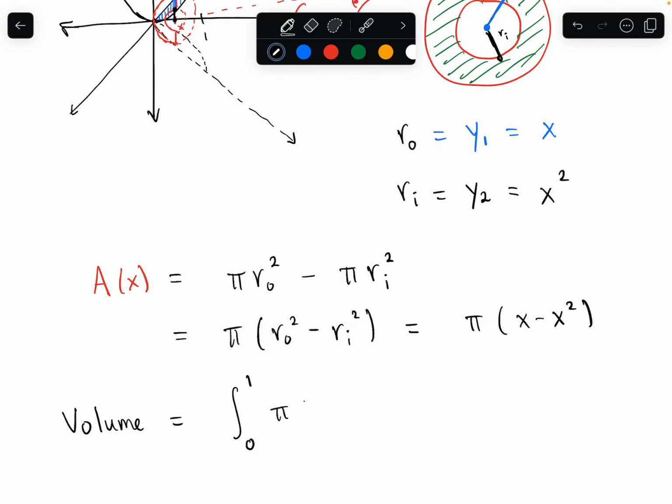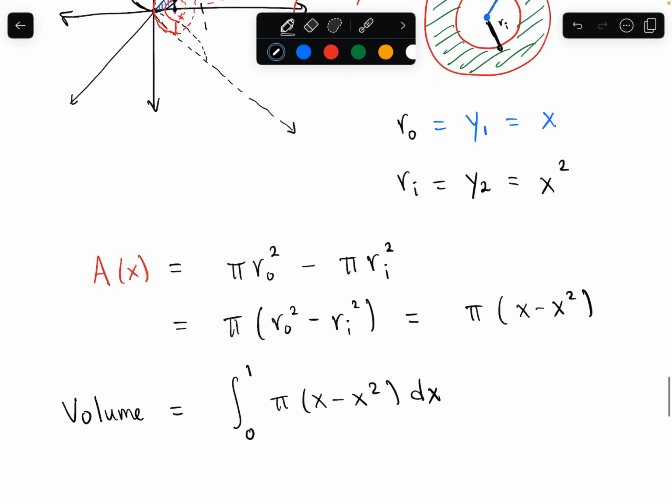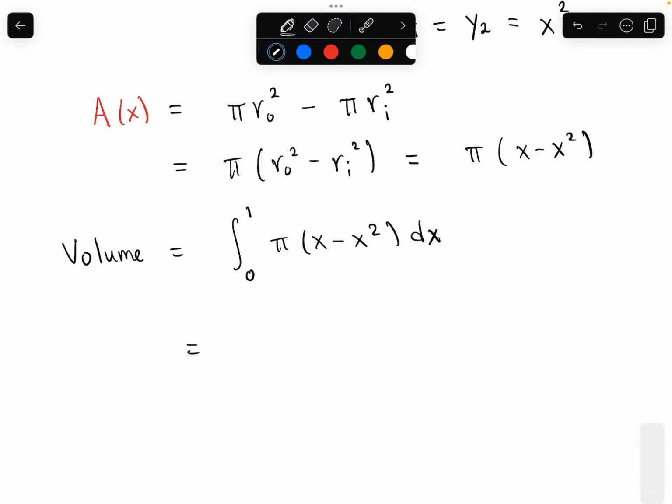And we have pi times the cross-sectional area of the washer, so pi times x minus x squared, dx. And now, when you just do the integral, that is pi times 1/2 minus 1/3, otherwise known as pi over 6. I'll let you fill in the details on that later.